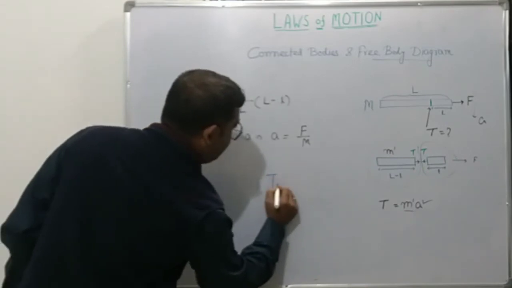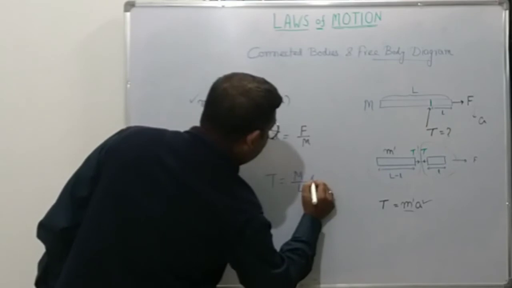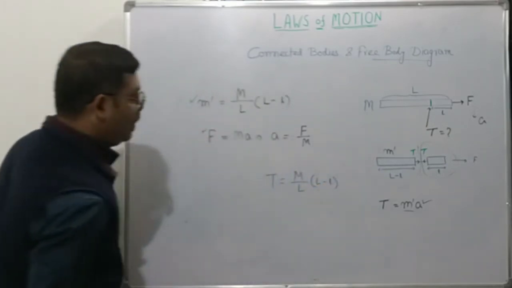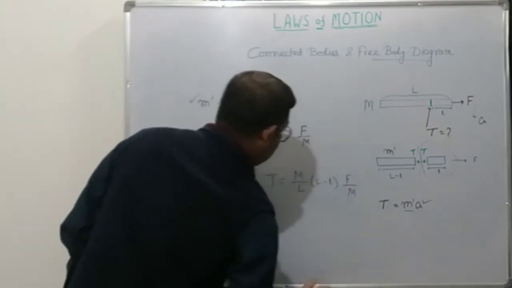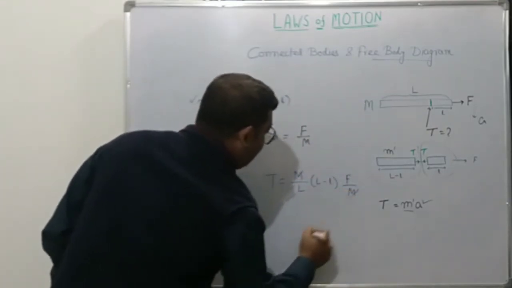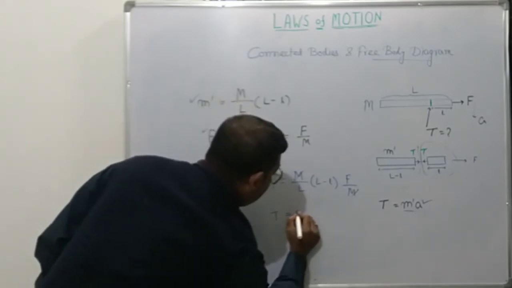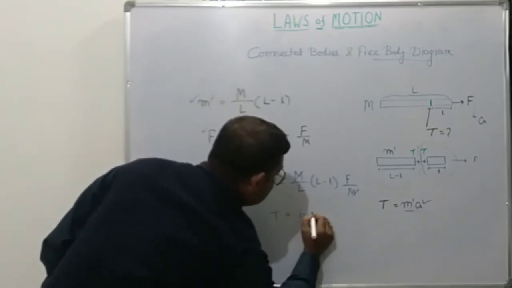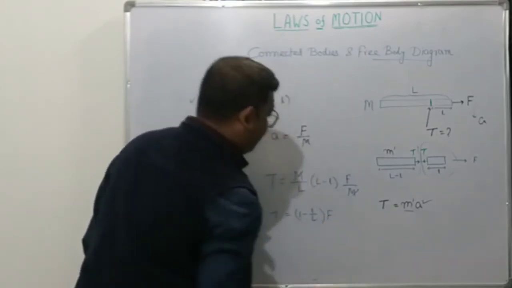Therefore, tension T will be m dash, that is m divided by L into L minus small l, and A, that is F by m. Simplifying, we get T equals 1 minus l divided by capital L, into F.